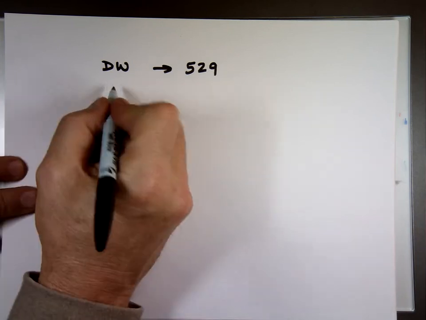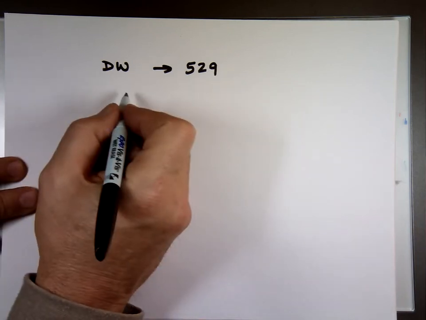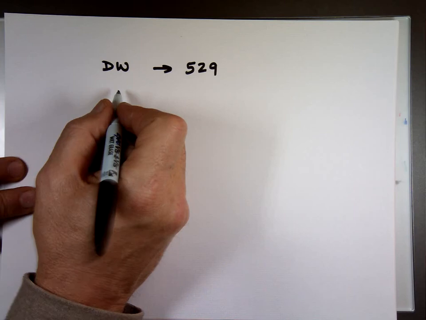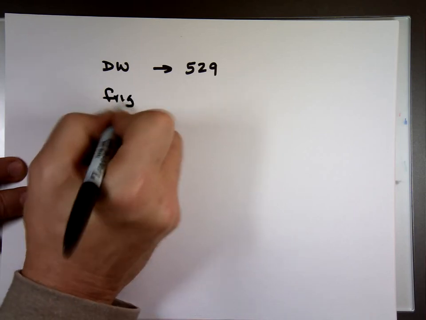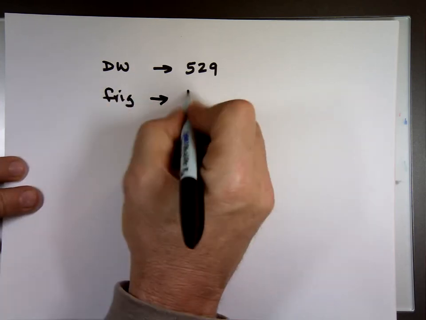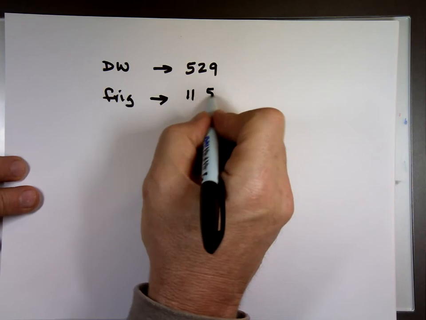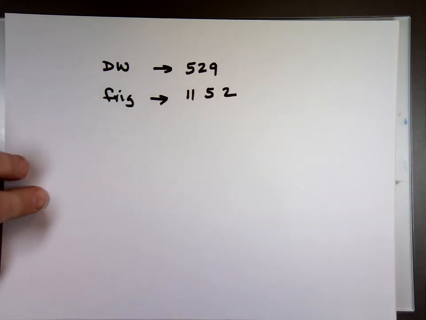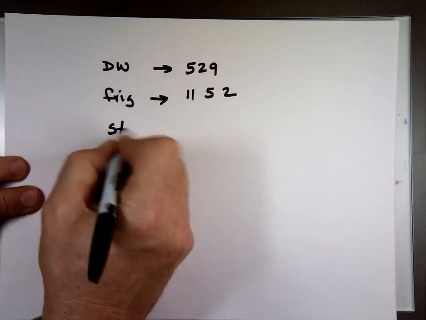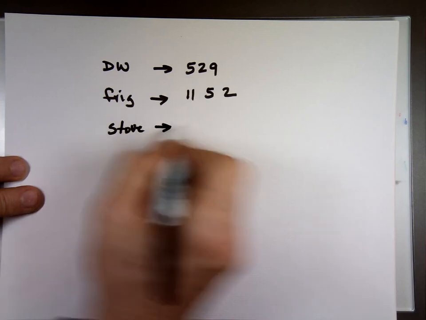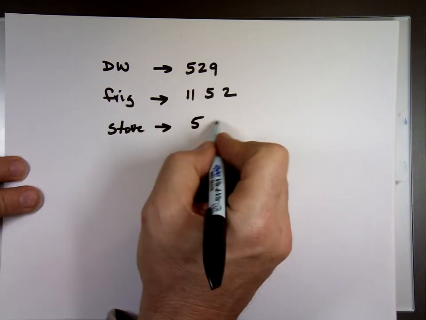We need a fridge. $1,152. We need a stove, oven, whatever. $513.